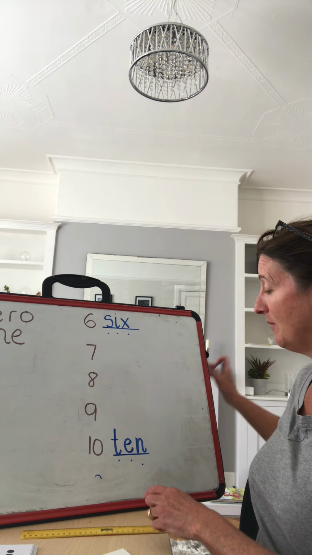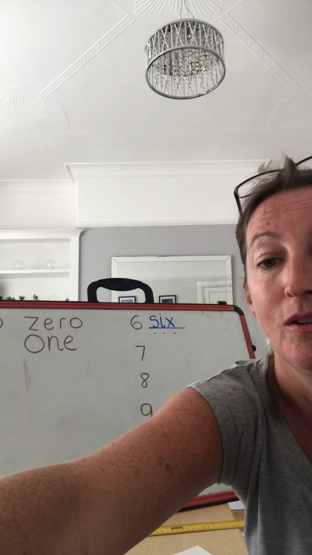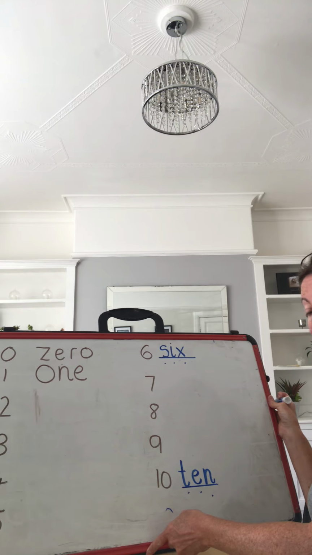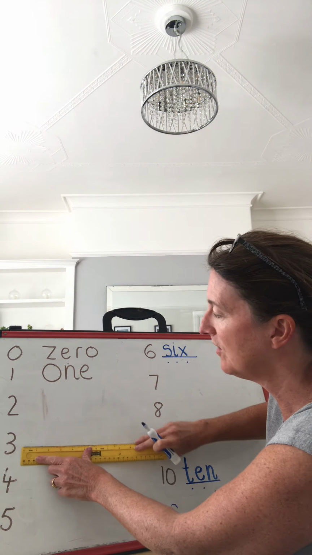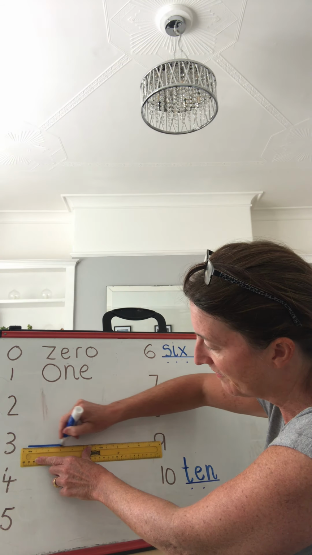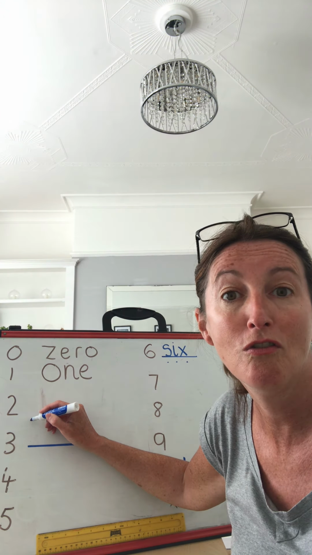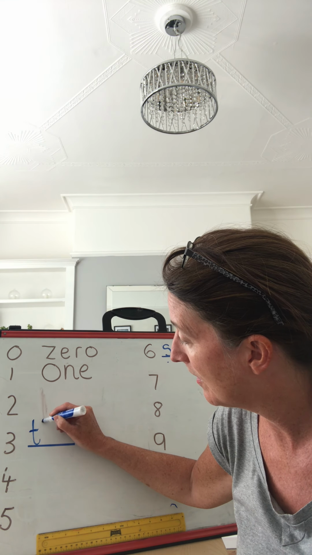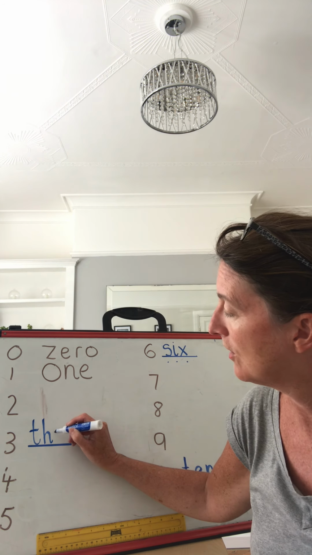3. Let me move my board and my numbers. There we go. Can you see them? Let's move this board. Can you see it? There we go. 3. So 3 can also be sounded out. Oh, Miss Keegan, you didn't join that.